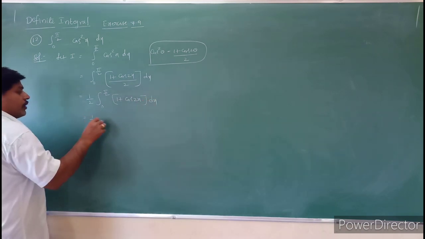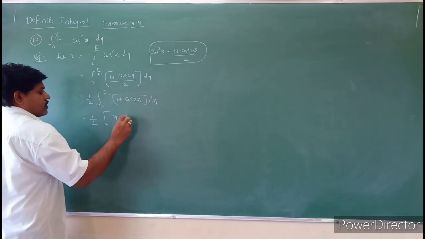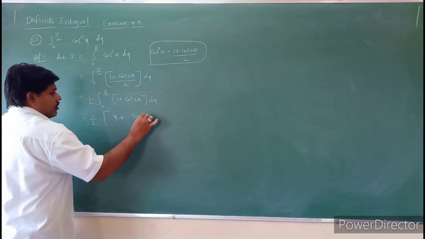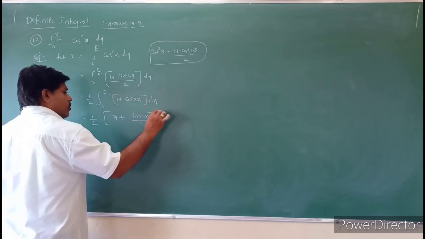So that is 1 by 2 into integral of 1, which is x, plus the integration of cos 2x, which is sin 2x by 2, over the limits 0 to pi by 2.